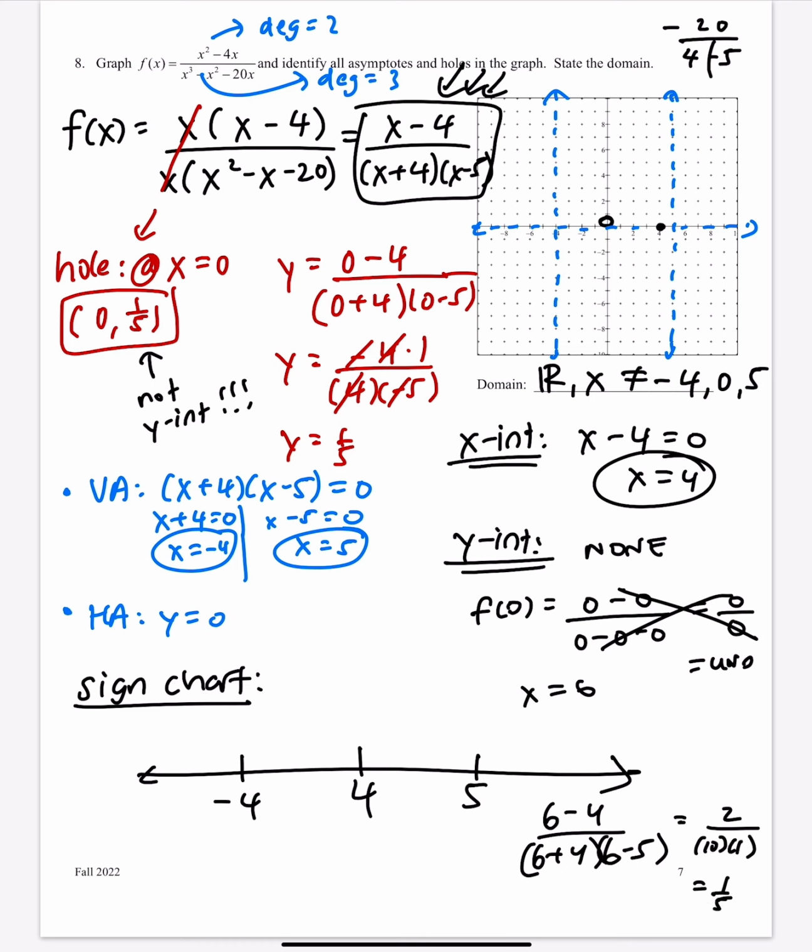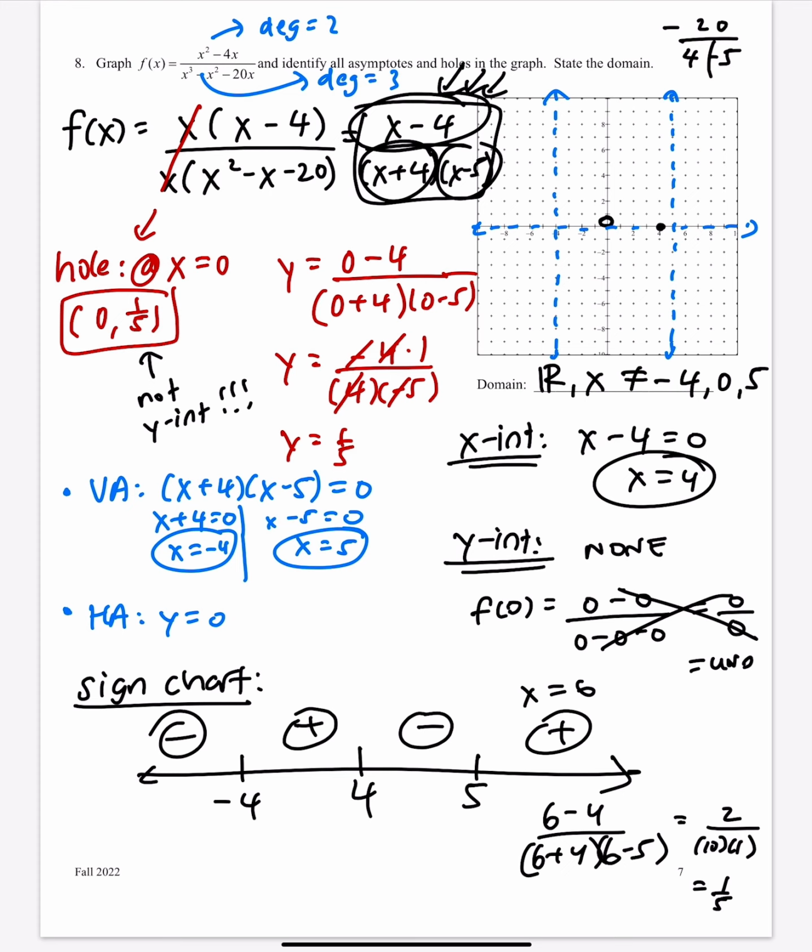But whatever, it's positive. And it should switch because none of these is a double root. So it goes from positive to negative to positive to negative. Great.